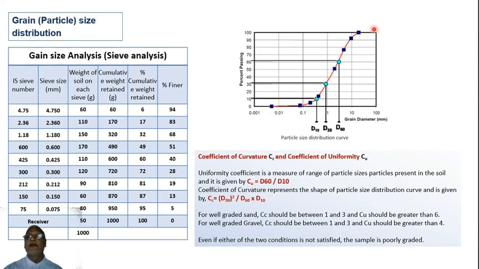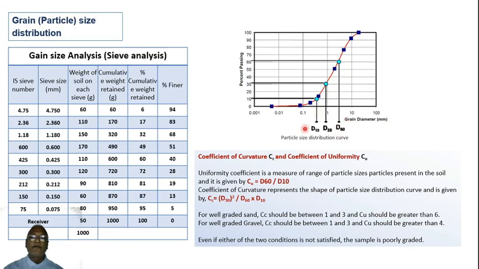Because of that, you have to run a plot passing through each and every point that is plotted, and then find out D10: you go to 10%, draw a horizontal to cut the curve, come down, and search for the size. This size will be recorded as D10. Similarly 30%, I go here, then go down here, and find out what is D30, the size, and for 60, again I go here and find out the size. So D60 is so much.